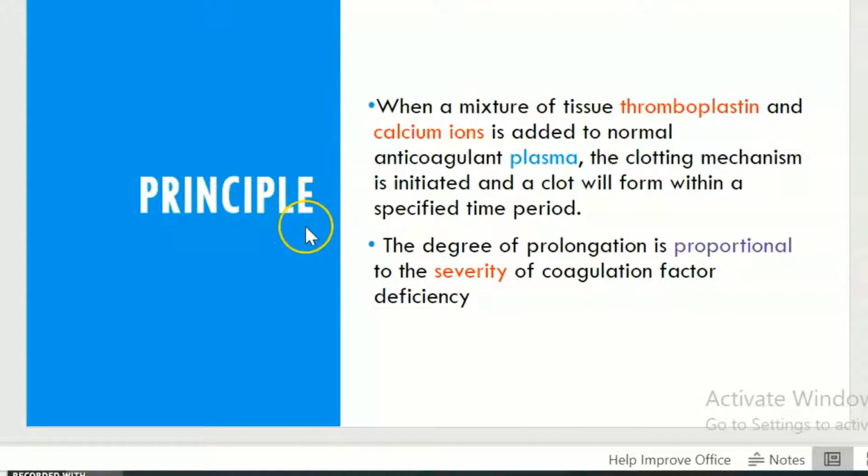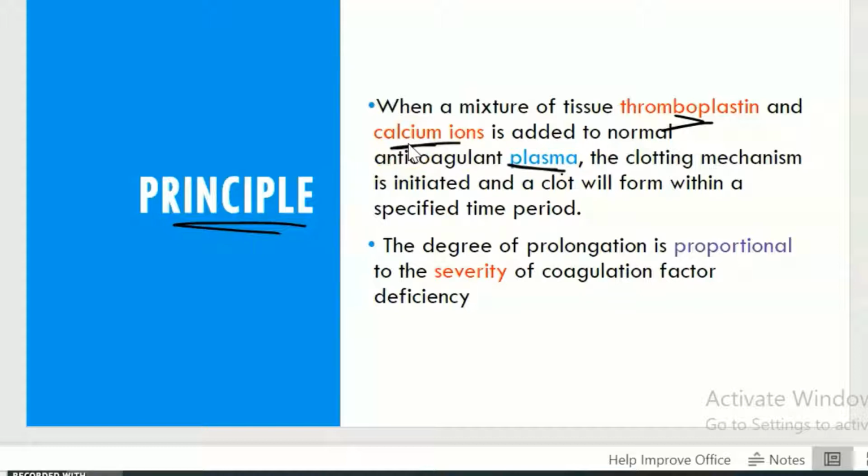Now let's learn the principle of prothrombin time. When a mixture of tissue thromboplastin and calcium ions is added to normal anticoagulated plasma, the plasma is our sample, our patient's plasma, and thromboplastin and calcium ions are present in the PT reagent. As you know, thromboplastin and calcium ions are clotting factors.